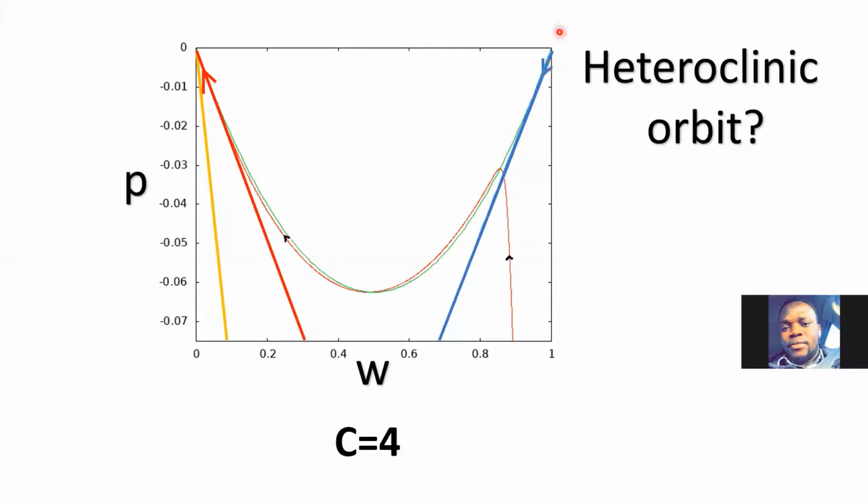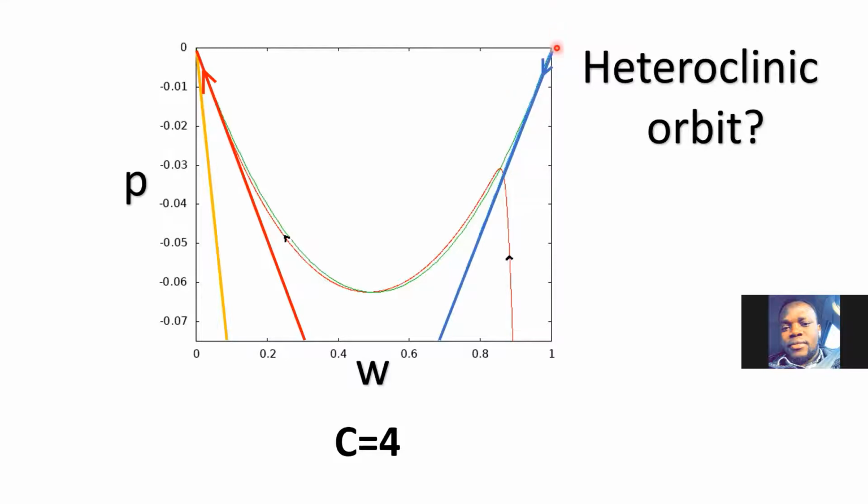If a solution starts from 0, 0, it is stuck in this side because here the derivative with respect to W is negative, so I will enter this line.